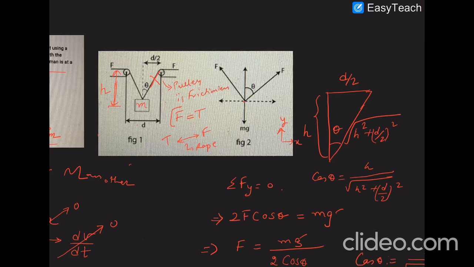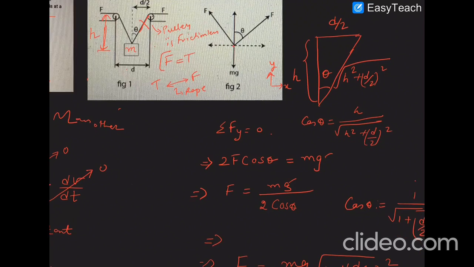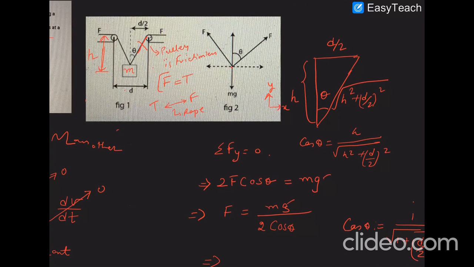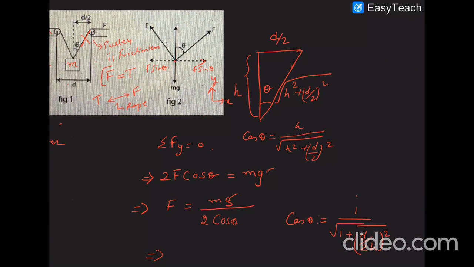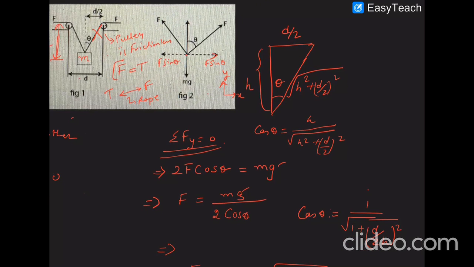From this diagram you can see there are two components acting in this direction, F sin theta and F sin theta, which balance each other. But as we have appreciated, this system doesn't have an acceleration, so the net force in the y direction will be 0. That is one of the important things you have to remember.